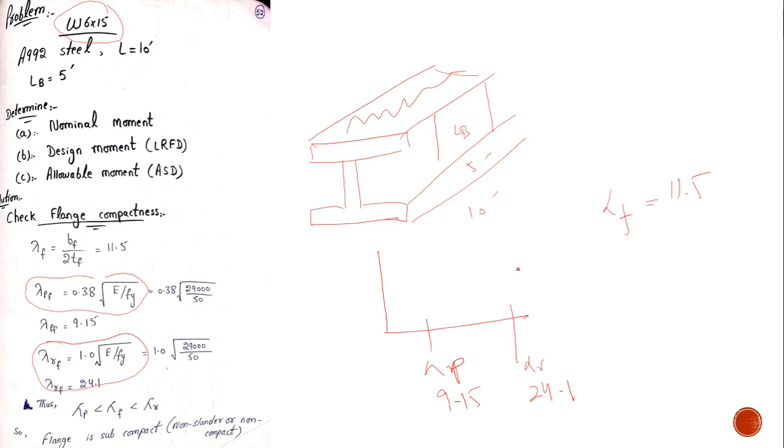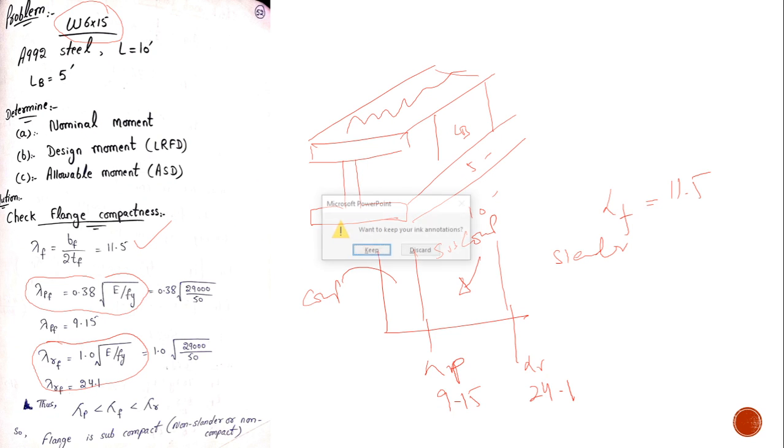So you are in this region. This is the slender region, this is the compact region, and this is the non-compact region, because its value is intermediate between lambda P and lambda R. It's very easy.